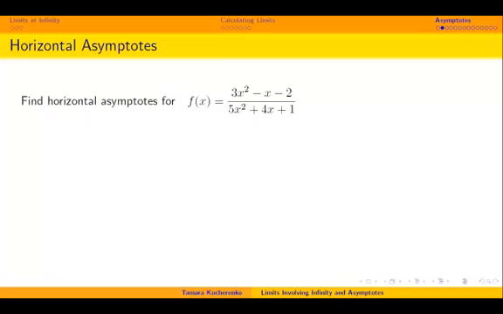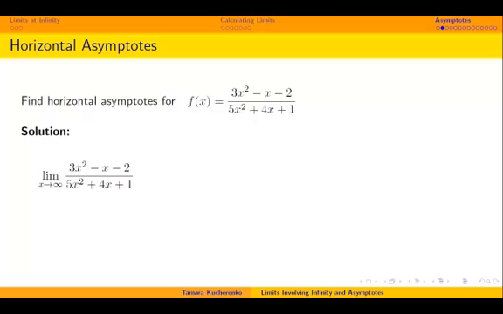Let's start with the limit as x approaches positive infinity. Since f is a rational function, we need to divide the numerator and denominator by the highest power of x in the denominator, which is x squared here.